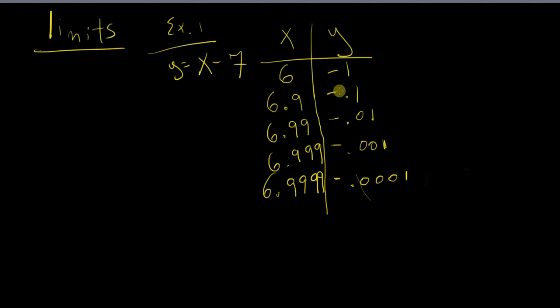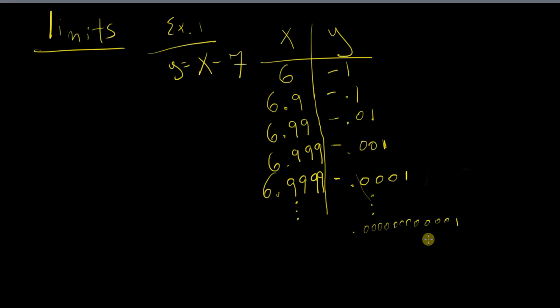We're tending to get closer and closer to 0. Right? So if we continue this, we're going to keep getting closer and closer and closer to 0. Eventually, we're going to get to minus 0.0000000000001, and it's going to keep going and going and going until we actually meet 7.